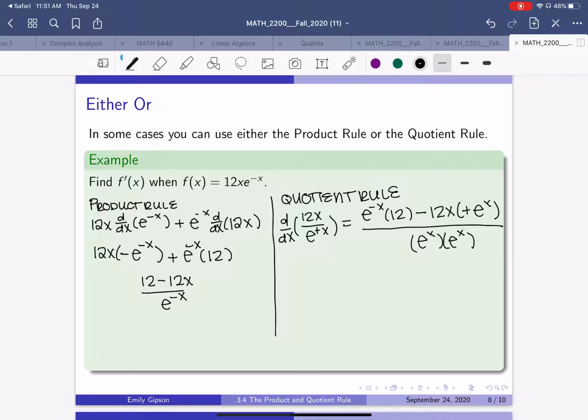And there's a reason I'm writing it like this, which will become clear momentarily. So this one should also be positive. I don't know what I'm doing there.